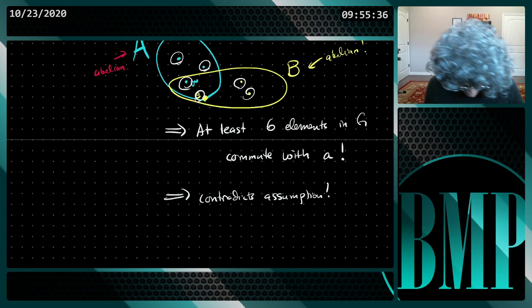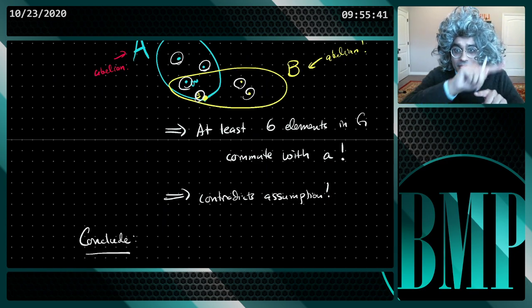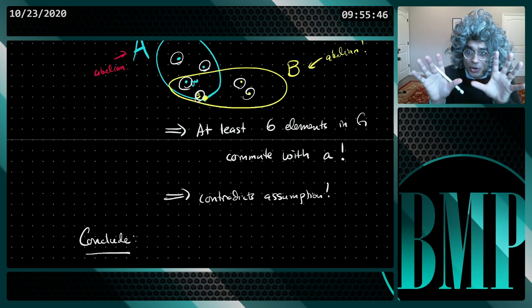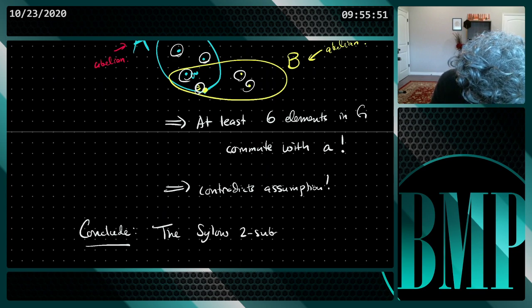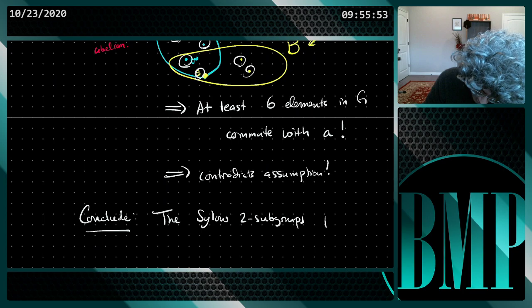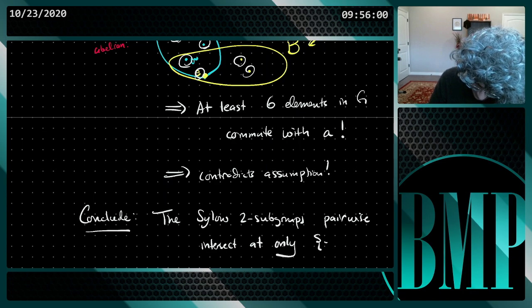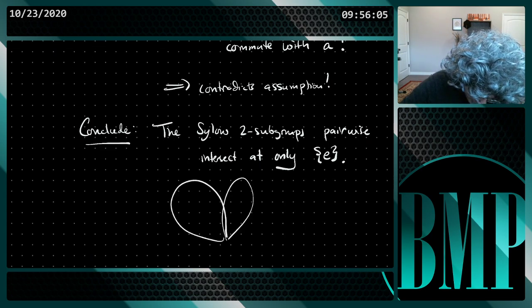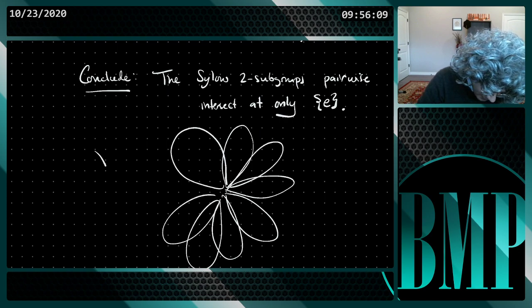So what's the conclusion? We conclude that the Sylow 2-subgroups would have to pairwise intersect at only the identity. In other words, we get into that flower picture with 15 petals.